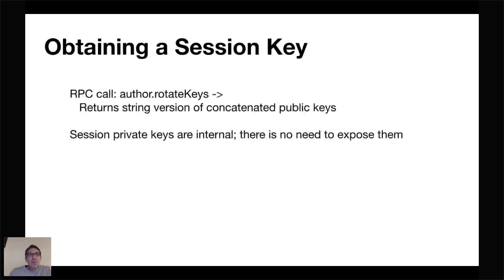So when you ask for a session key, and you can do this yourself if you make an RPC call to any node and call rotate keys, it's going to return a string version of the concatenated public keys. As I already mentioned, the private keys are internal. They're used only internally and only for validation. There's no need to ever expose them to the end user.